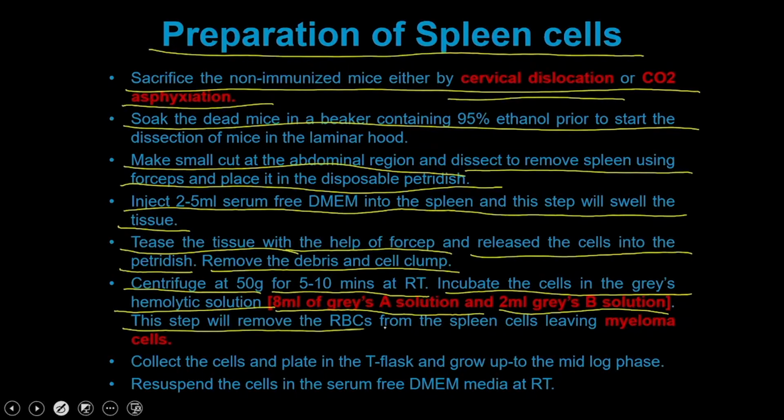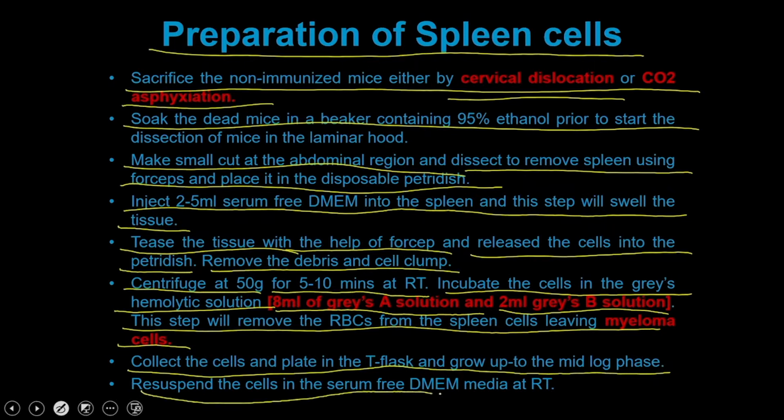So, this step removes the RBCs, leaving the spleen cells. Then you collect the cells, plate them into a T flask and grow them up to the mid log phase. Resuspend the cells in serum free DMEM media at room temperature.